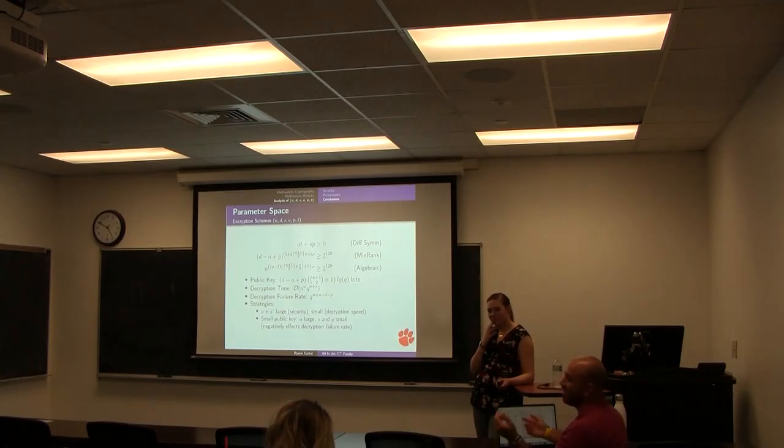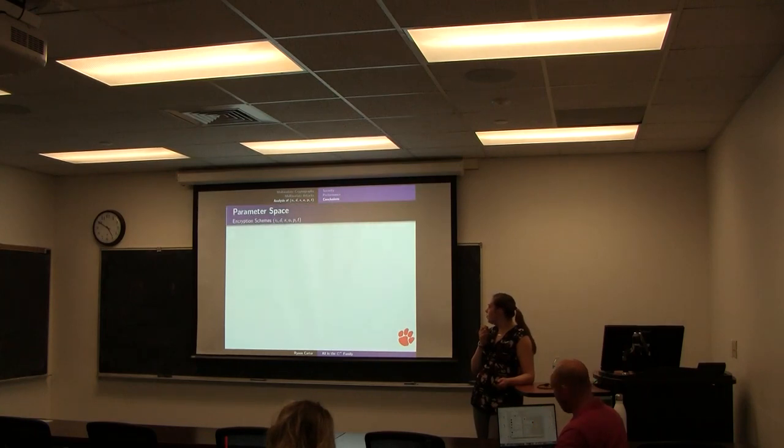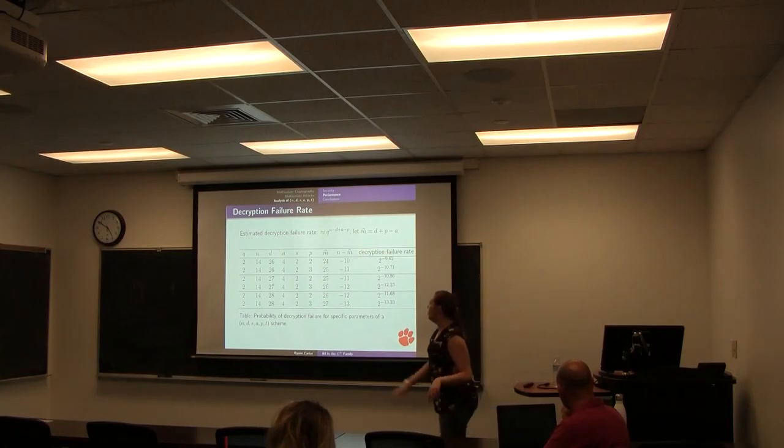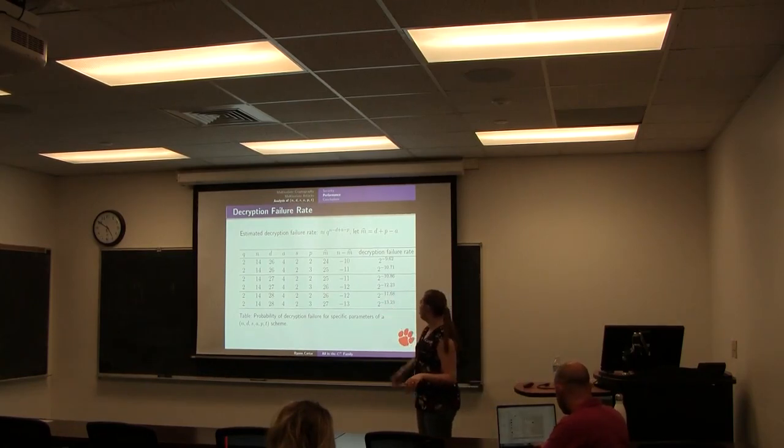So the fact is that you choose Q equal to 2, right? Yes. For instance, which are the values for the other parameters, like A, S? The ones in the table. Well, I just realized this is just for the decryption failure rate. These are some small ones that we could do with the decryption failure rate.